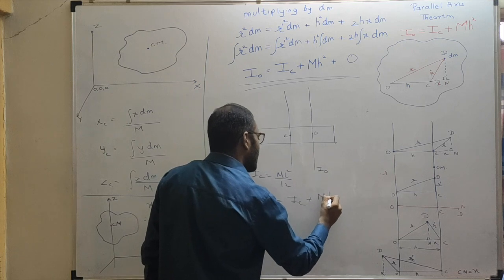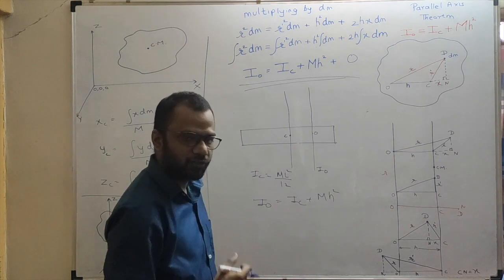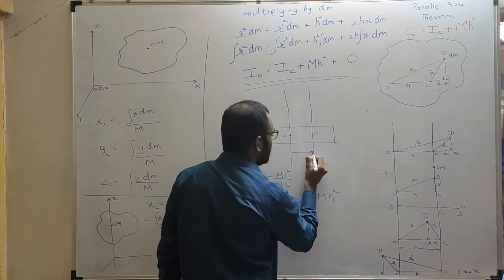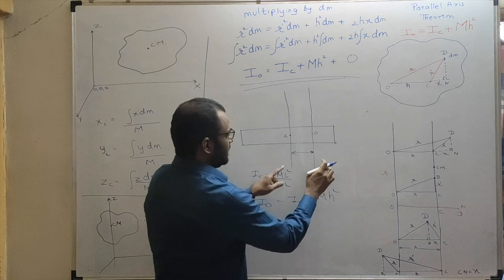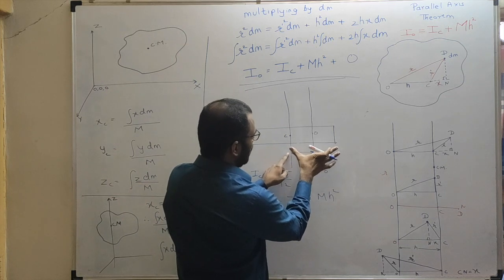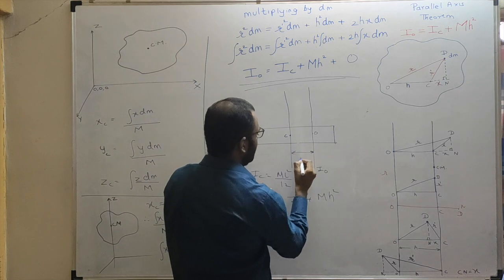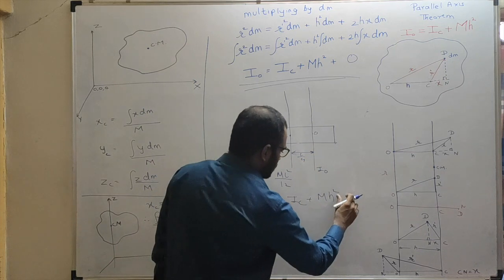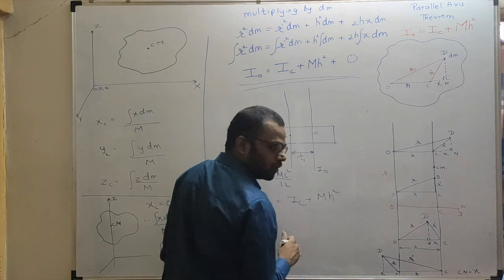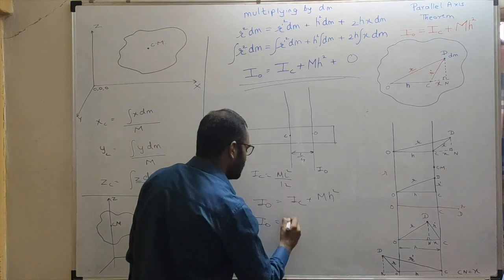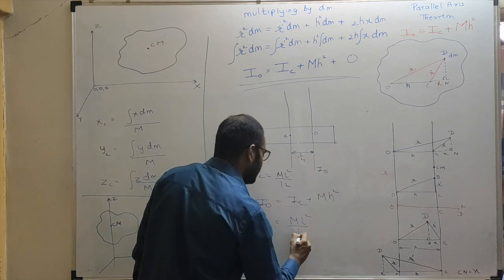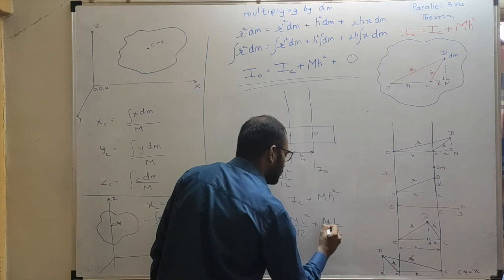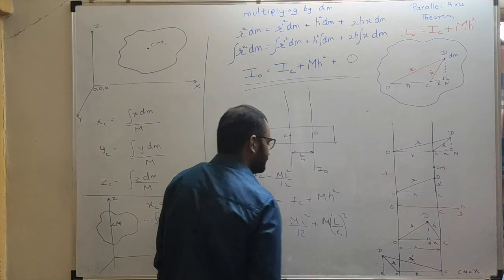IC plus mh square, where m is the mass of the rod. Now what is h? H is the perpendicular distance between the two axes. That means this is the distance between the two axes. Since this is the midpoint between the center and the edge, this itself is L by 2, so this will be L by 4. So h will be L by 4. So instead of h, I can write L by 4 the whole square, right? So IO will be, IC is ML square by 12 plus M into L by 4 square.